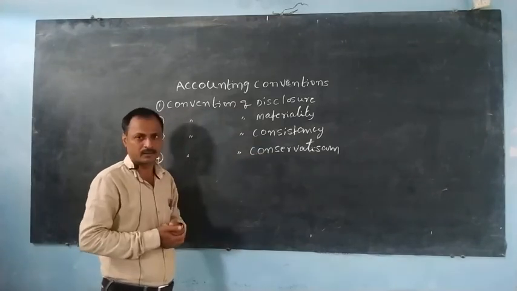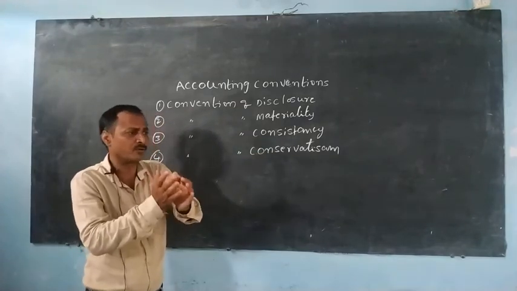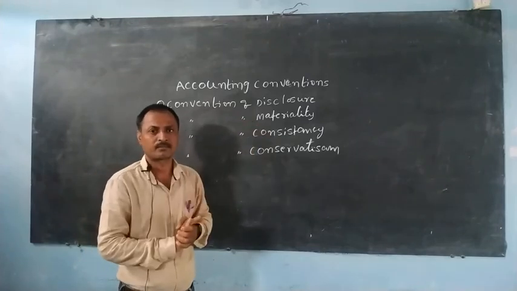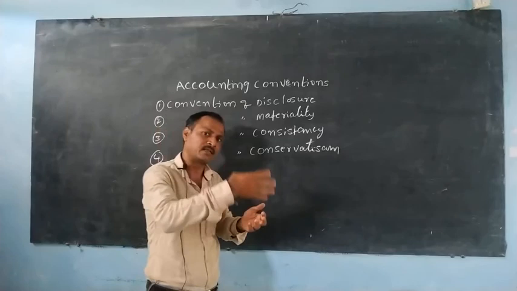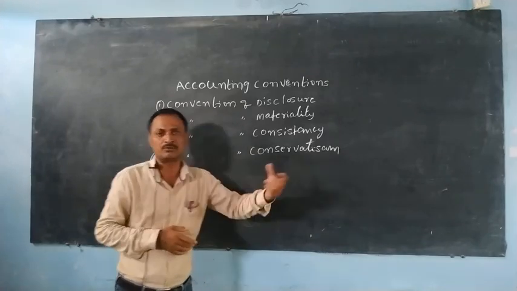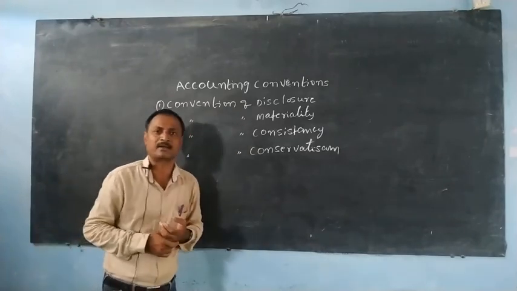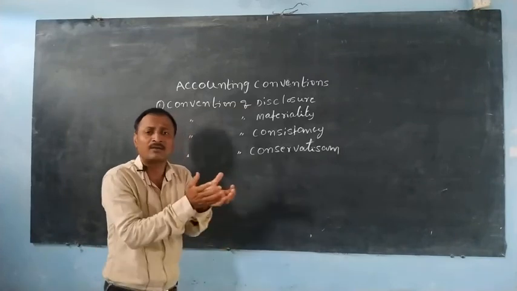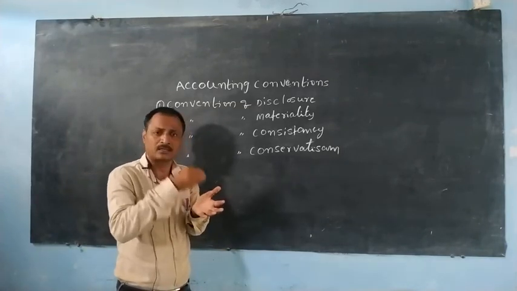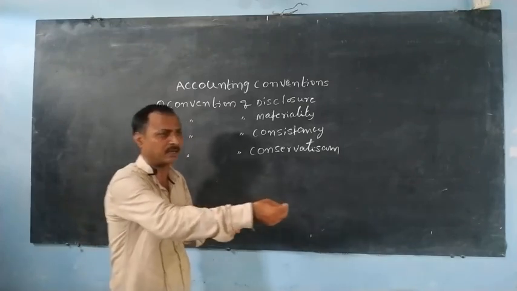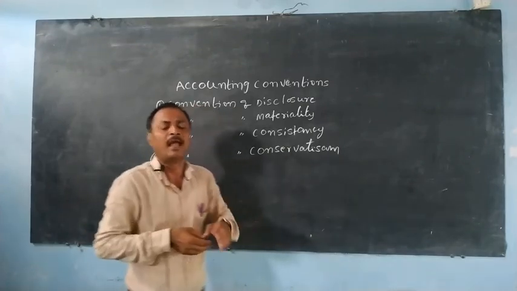For example, I will tell you. A businessman sold goods to 100 customers on credit basis. Then here what will happen? Out of the 100 customers, it is not necessary that all 100 customers can repay the money.